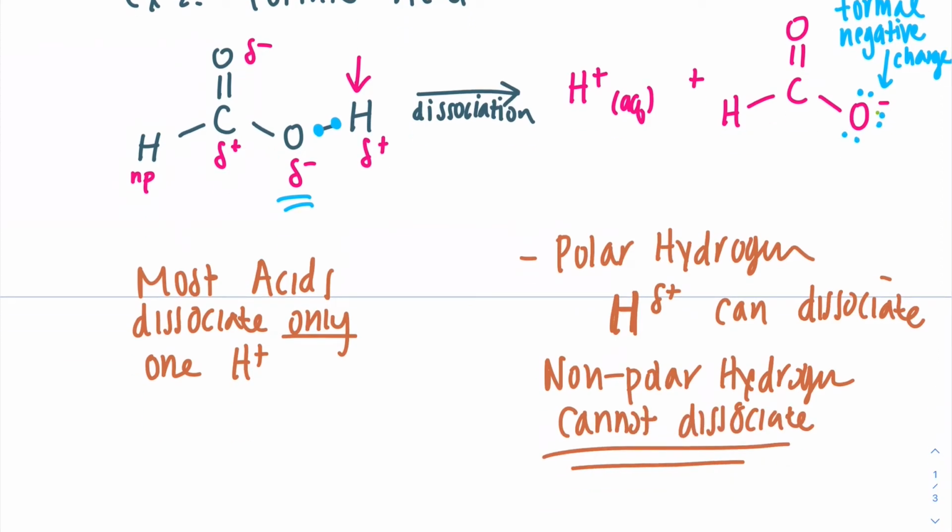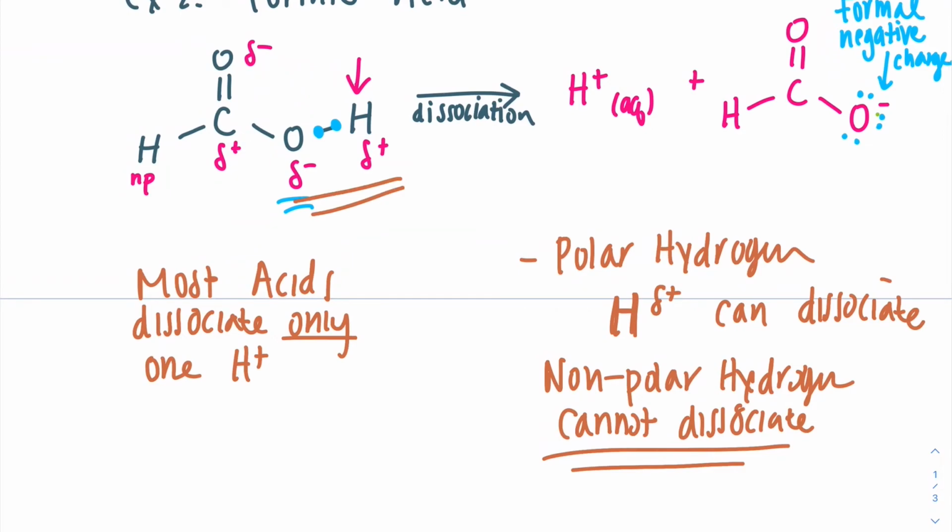There has to be some sort of uneven balance, which we get in polarity, where it is easy. It doesn't require very much energy for this H to leave. Whereas here, where the electrons are being shared evenly, that would require a lot of energy to remove that hydrogen, because there are attractive forces holding it on. Whereas here, when the electron is more towards the oxygen, it's kind of already loosely there anyways, so it doesn't require very much energy to get that bond to break.